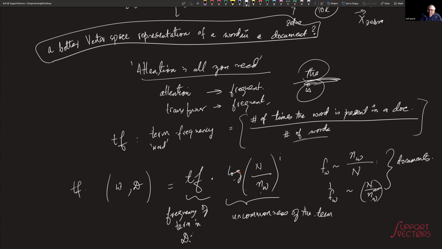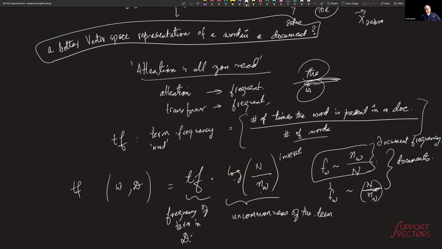If you look at this, the way I've defined it, what is this? This is document frequency, and so the inverse of document frequency would be this. And then the log.